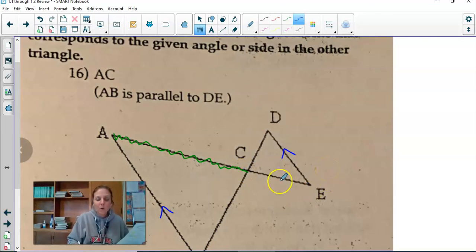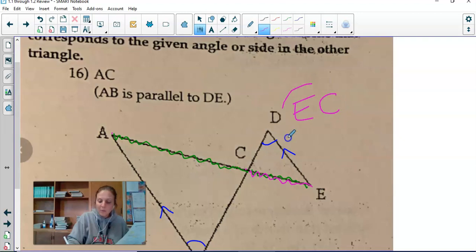And you're looking for the side that corresponds with AC. So if this is your alternate interior angle, that means this side, the one that I squiggled, would correspond with this side over here. What I need to do correctly, though, is name it. If this is AC, then that means this one needs to be EC. And make sure you label it correctly.